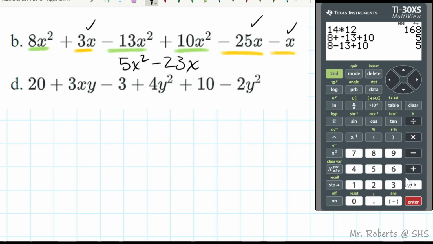So if I take the number 3 and I add to that a negative 25, then add to that a negative 1, that's the same as 3 minus 25 minus 1. Clearly overdoing it. That's exactly what it is. 5x squared minus 23x.